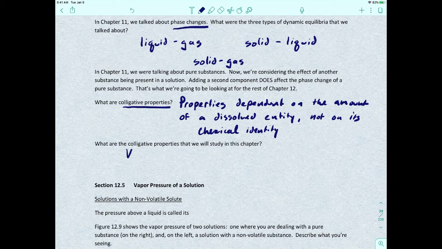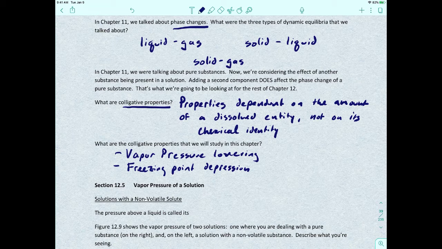We're going to talk about vapor pressure lowering, freezing point depression, boiling point elevation, and then the last one, osmotic pressure. So those are going to be the next topics that we're going to be taking a look at.